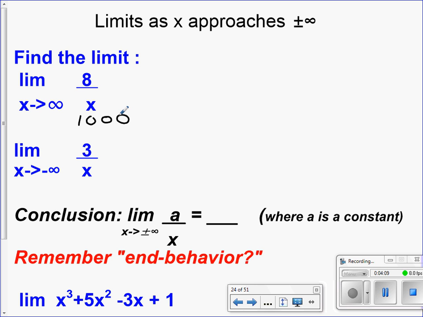Now it's 8 thousandths, 0.008. And if I just keep going, if I keep making this denominator larger and larger and larger, if I keep going forever and ever, what's happening with the value of 8 over x? It's getting smaller and smaller. Look, you can get as small as you want just by going out 4 digits down here, right?